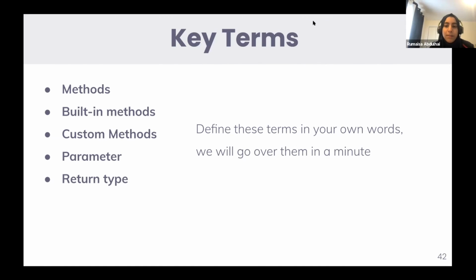Yeah, so Muhammad says that a built-in method is a ready-to-use method. So we don't have to make it, we can just use it, right? Can anyone share what they had for custom methods? Yep, so Becker says that custom methods are the methods that we make from scratch. That is right.